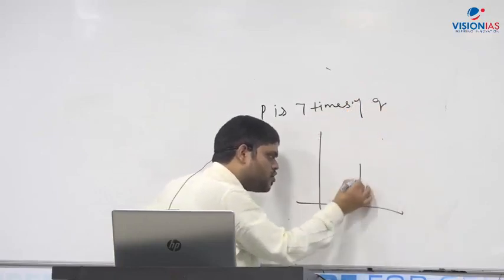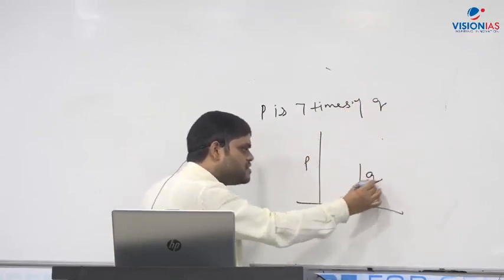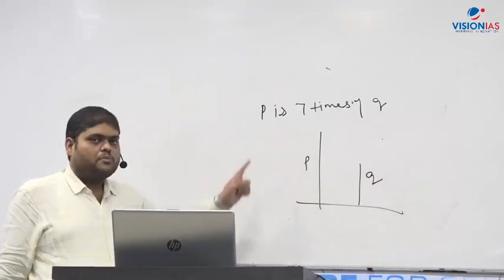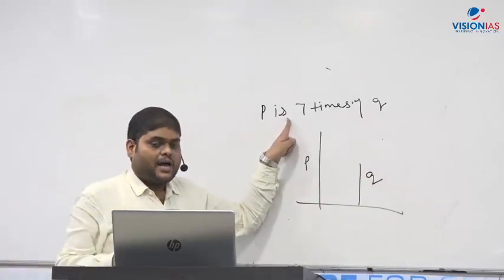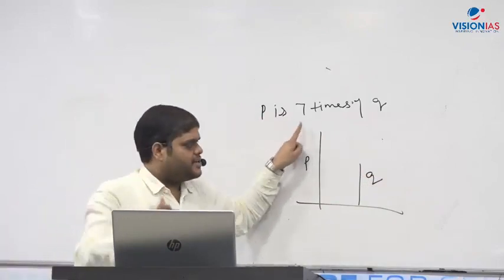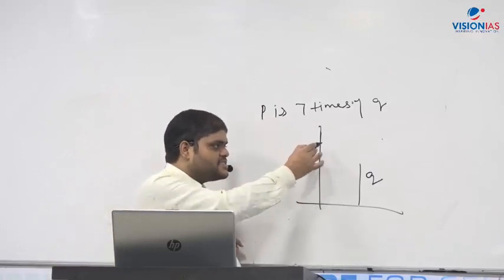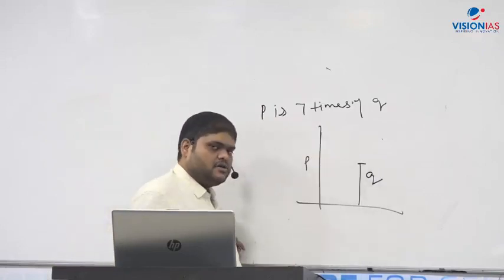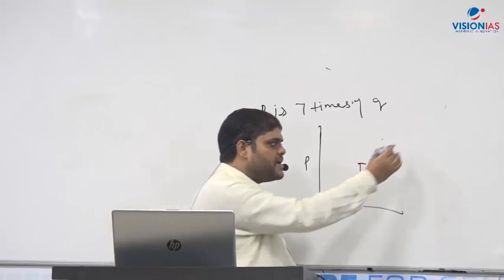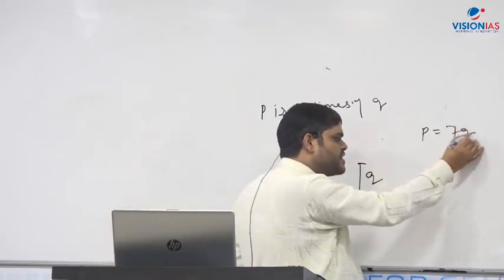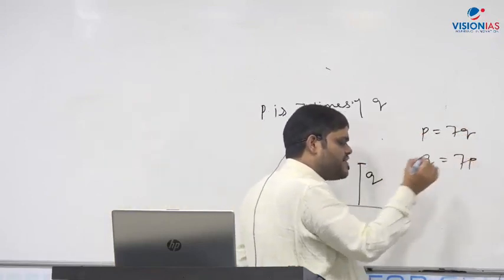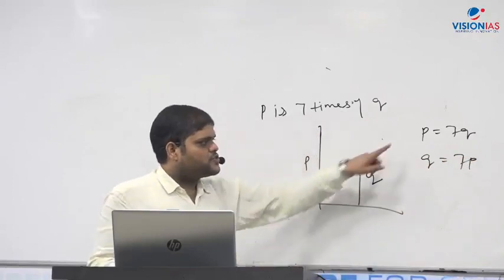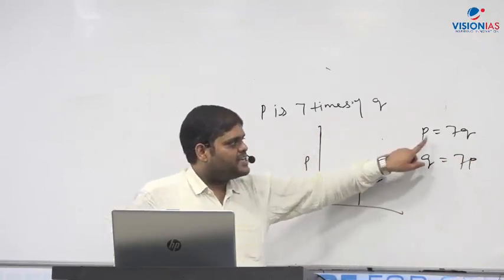See, close your eyes and think which is more. P is 7 times, which means P is more than Q. Let's take P as this, Q as this. Now there are 2 possibilities: P is equal to 7Q and Q is equal to 7P. People have a doubt which one is correct. Now why is P equal to 7Q?